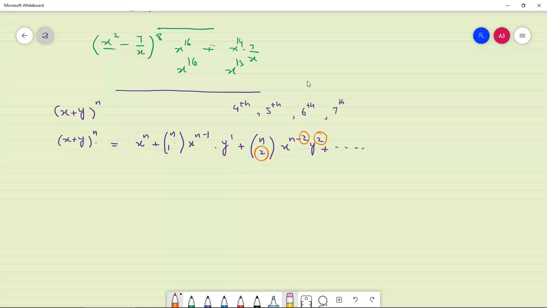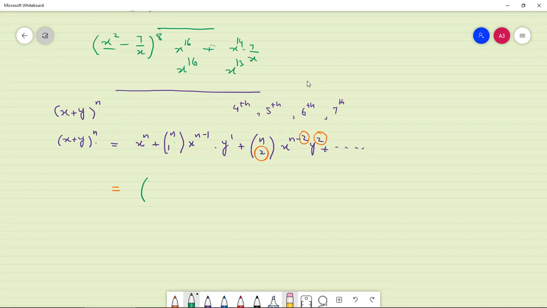So how can I write a general expression or general term of a sequence? If you remember from O level, how can we write the general term of this sequence? Because n remains the same for all, and x and y remain the same for all.